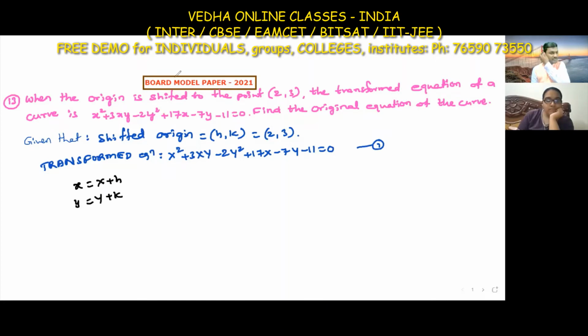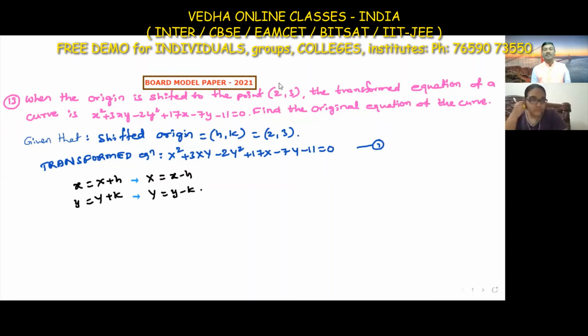But I want capital X and capital Y, so take h to that side. Then we get capital X is equal to small x minus h, and capital Y is equal to small y minus k. Be careful here.